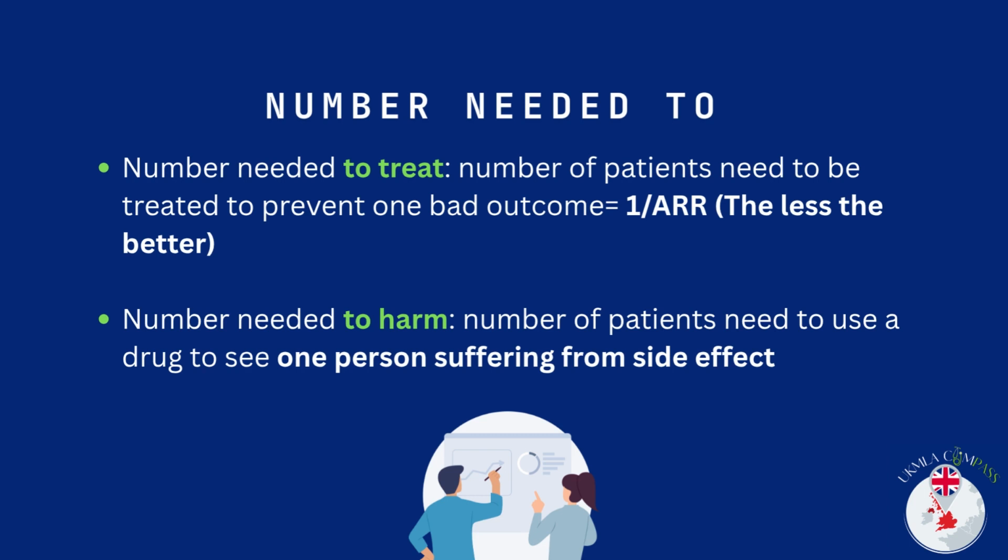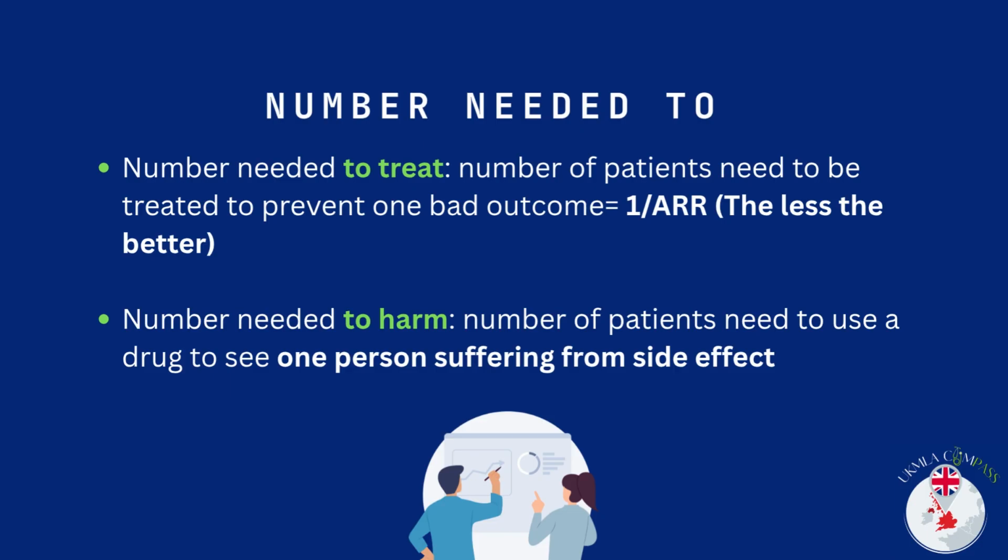Okay, let's get into the number needed to harm. The number needed to harm is the same as the number needed to treat, but it actually measures the side effects of the drug. For example, this drug needs to be taken by 100 patients so that 3 of them develop diarrhea.